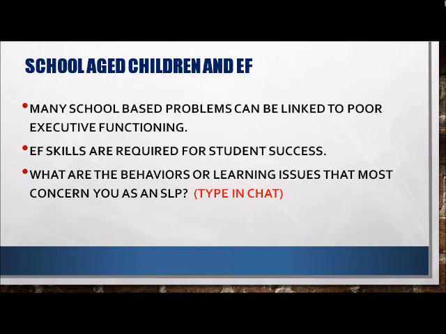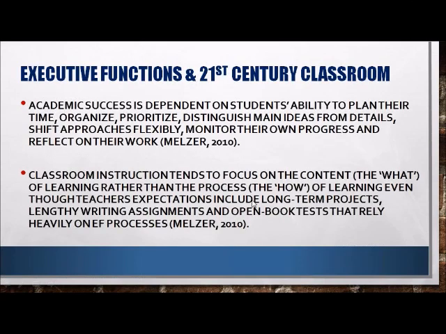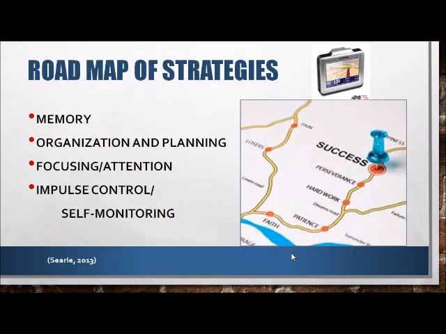Executive functioning skills are required for student success. What are the behaviors or learning issues that most concern you as an SLP? We know, as we've talked through this, that academic success involves these executive function skills. And so we want to see what we can do to help kids in that. We're kind of thinking of this as a roadmap of strategies.